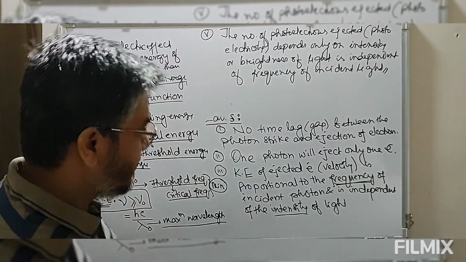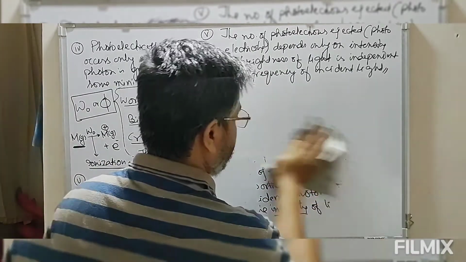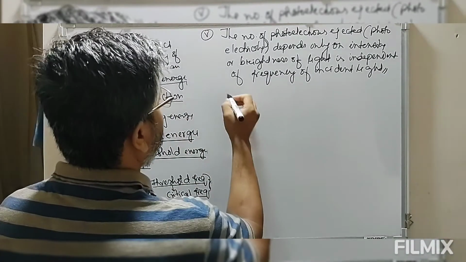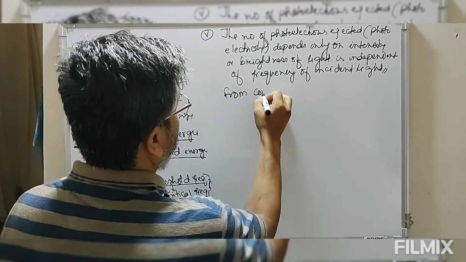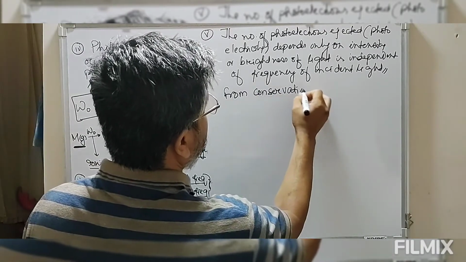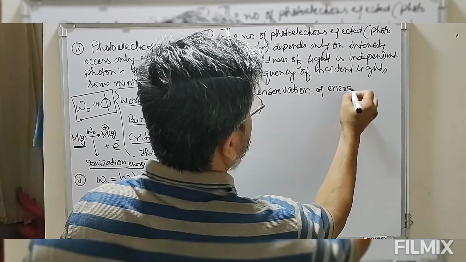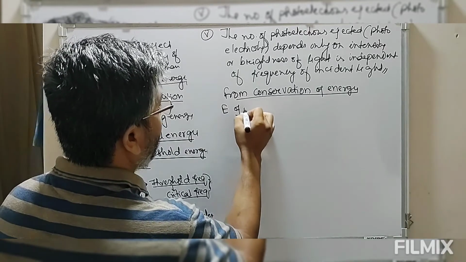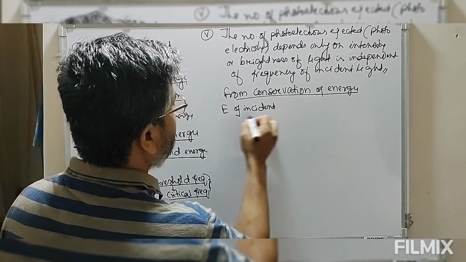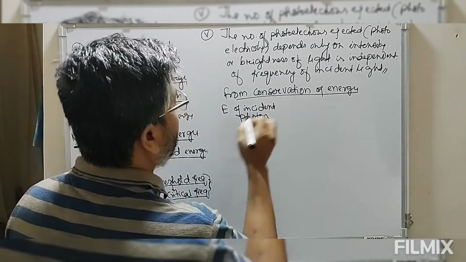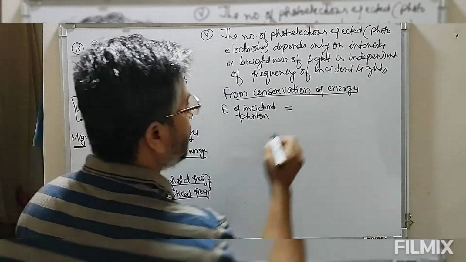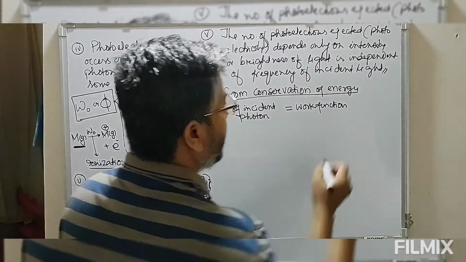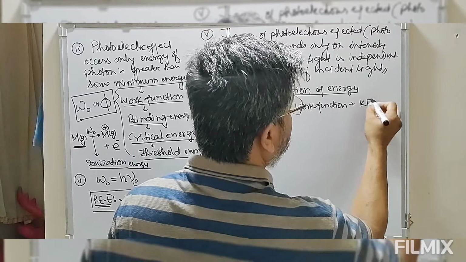So invoking the principle of conservation of energy, the energy of the incident photon should be equal to the work function, that is the minimum energy or the critical energy, plus the kinetic energy of the ejected electron.